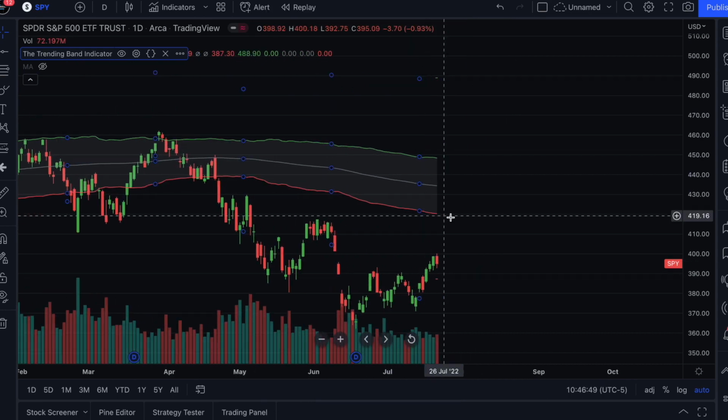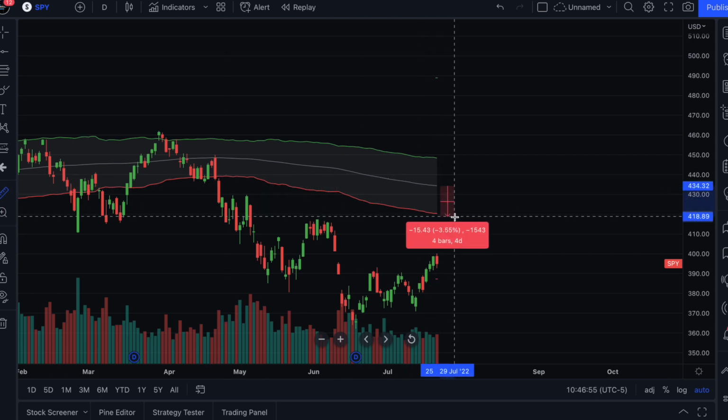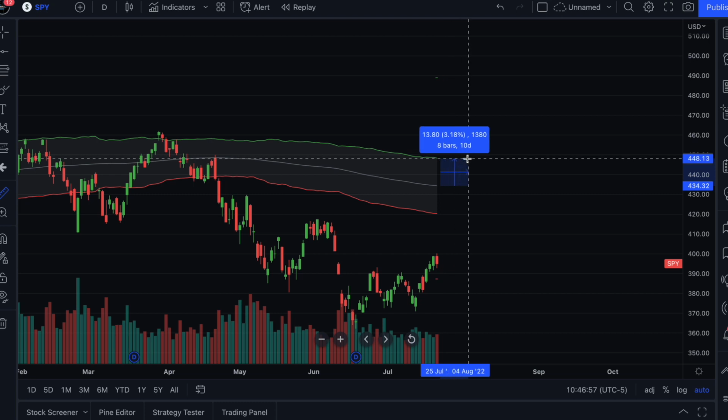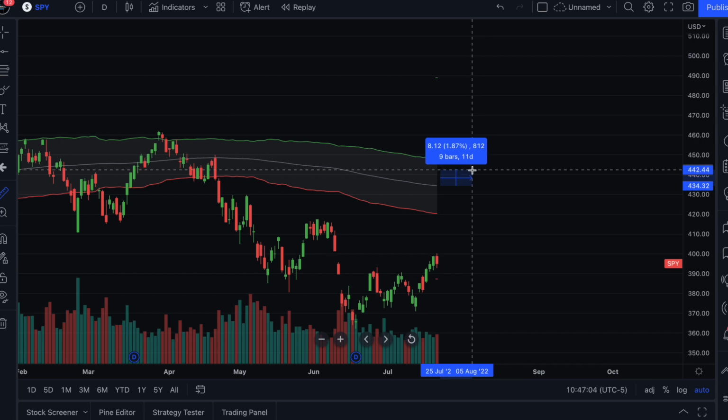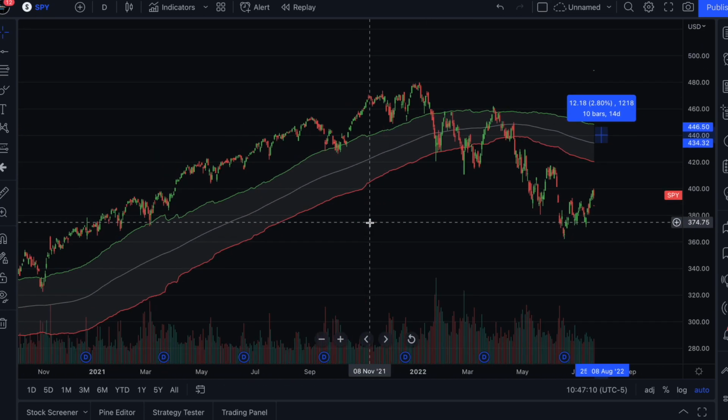Your stop loss percentage on any stock is the distance from the middle line of this band to either the top or the bottom. It's both the same distance. So a 3.3% should be about what the stop goal is, and then you divide that by 2, so that gets you to about a 1.5 stop loss.